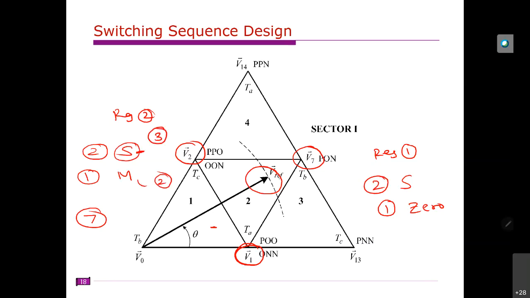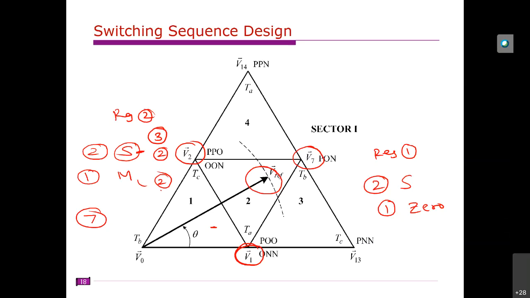One small vector we need to divide into three parts, and the other one into two parts, so that we have these 7 segments. The question is, which one do we need to divide into three parts? In other words, for which one do we implement the positive and negative type small vectors?